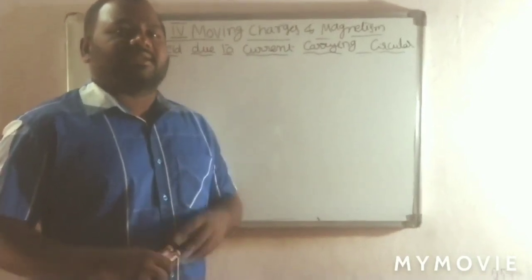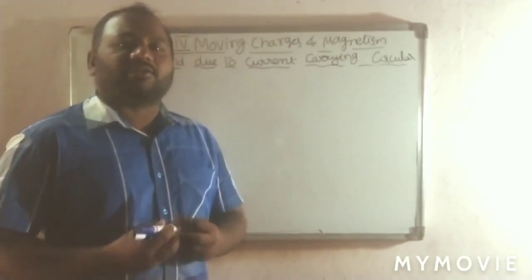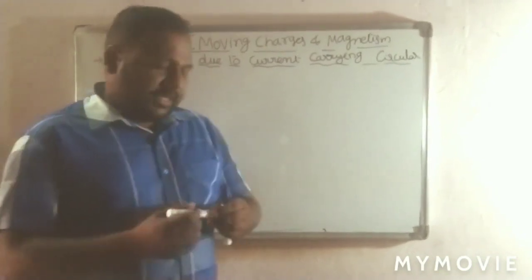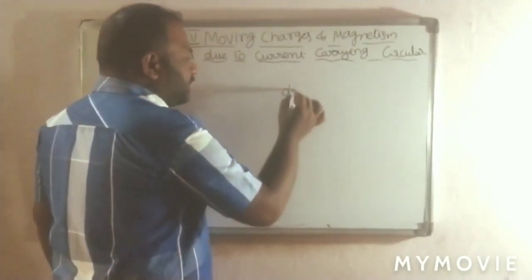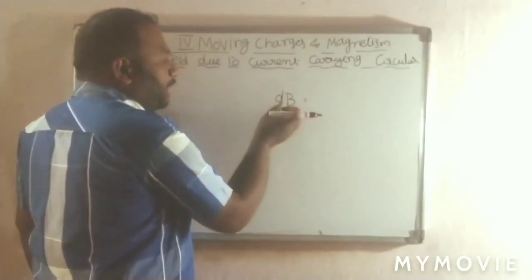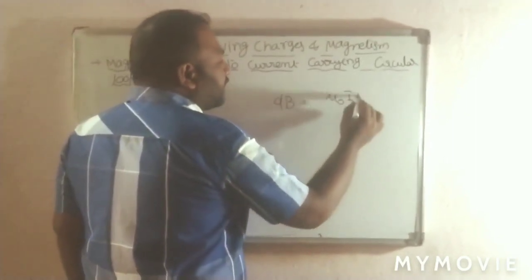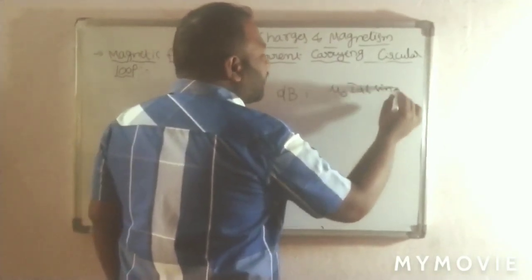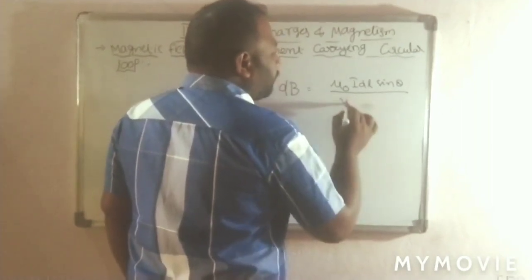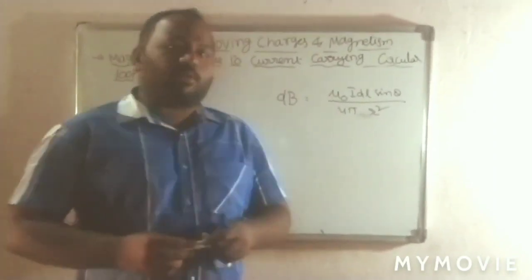And next we discussed Biot-Savart's law. What is Biot-Savart's law? Biot-Savart's law gives the magnetic field due to a current element at a given point P. The magnetic field at a point due to the current element is given as mu naught I dl sin theta by 4 pi r square.